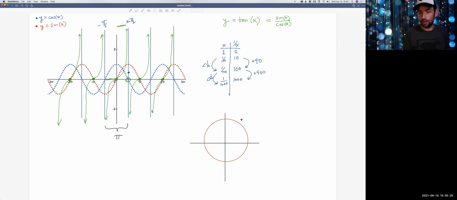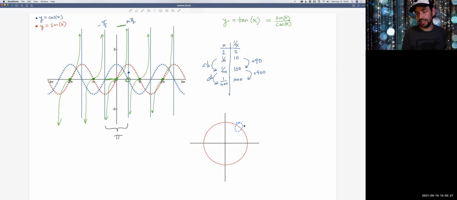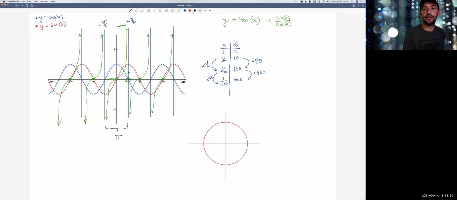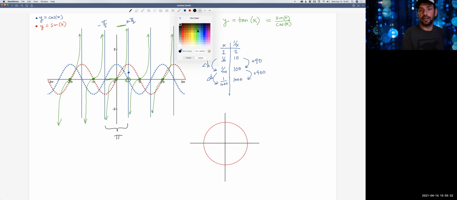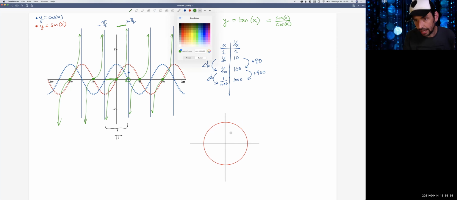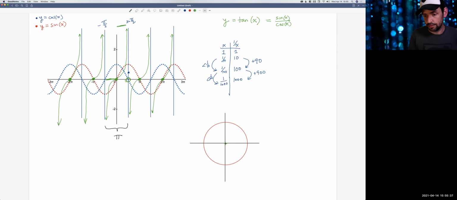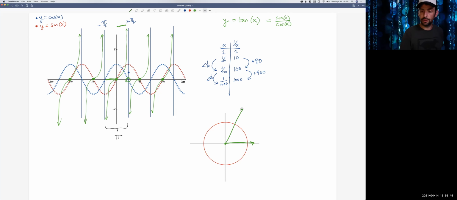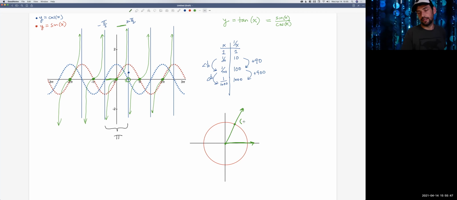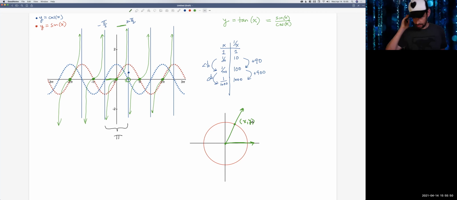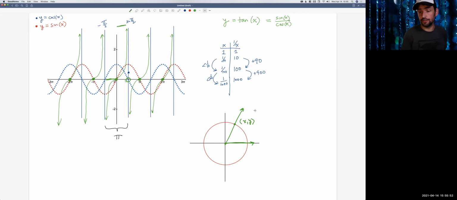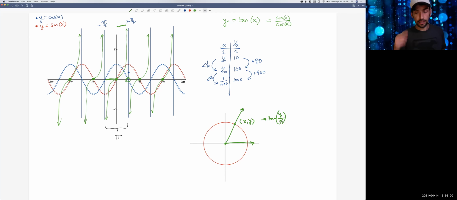So we know that the definition of the tangent is, if we draw an angle, we look at where it hits the unit circle, and the tangent is going to be the y coordinate over the x coordinate.